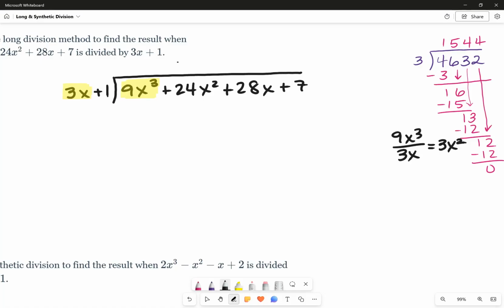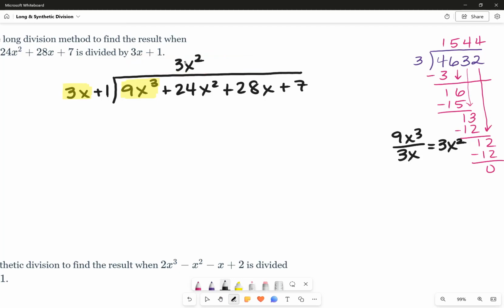So I'm going to come over here and I'm going to write 3x squared. Now you might be asking, why am I writing it over there? I'm just keeping all my terms lined up together. There's not a specific place you need to write here. I'm just writing it there to keep it aligned. Okay. So now I'm going to multiply.